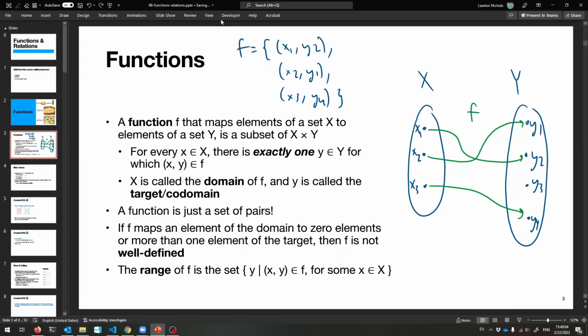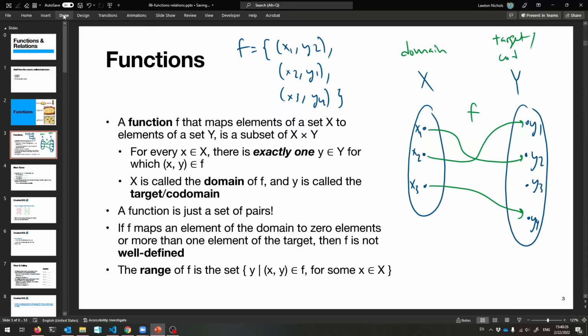Yes? And the fancier terms for all of those: the thing that's getting mapped is called the domain, that set. And then the place that the domain is getting mapped to is called either the target or the codomain. You'll hear that mentioned. I'll use both terms probably.